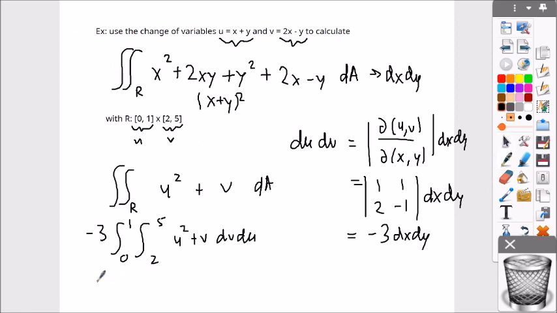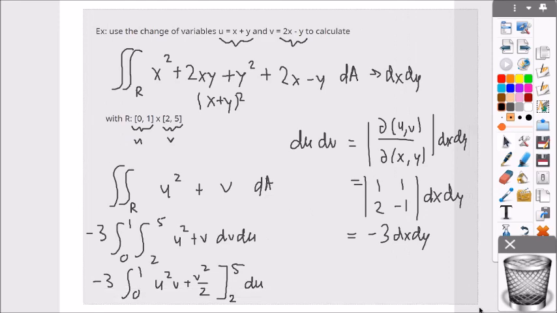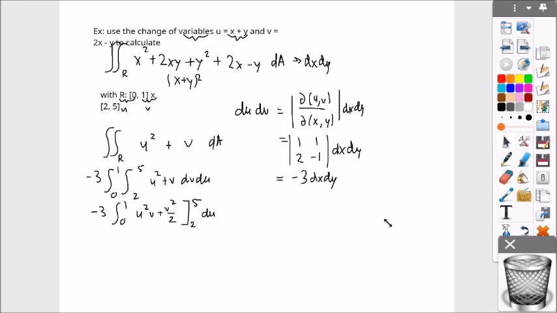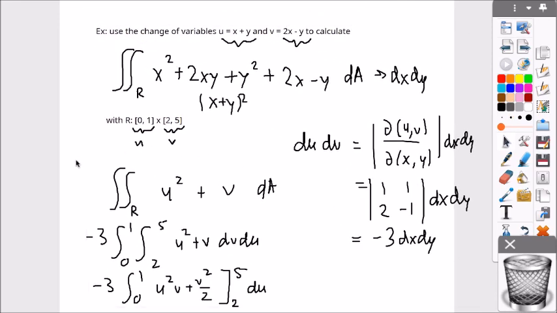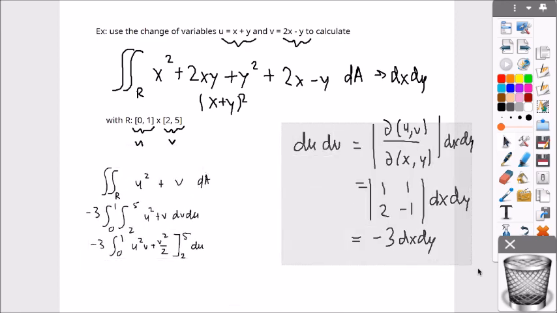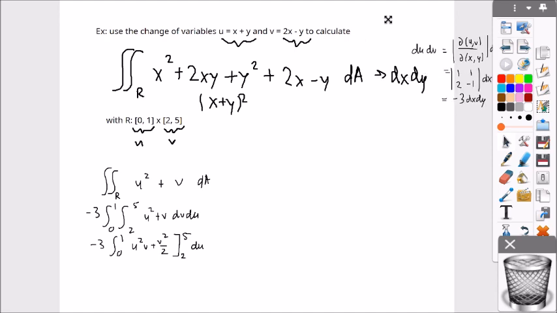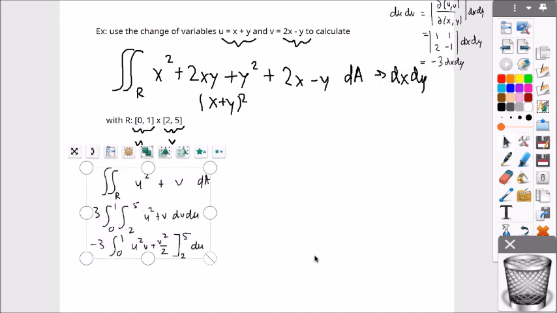So what will that give us? That will give us negative 3 from 0 to 1 of u squared v plus v squared over 2, from 2 to 5 du. So let me shrink this a little bit. Okay, it gets really disgusting. Let's shrink this, put it up here, and continue.